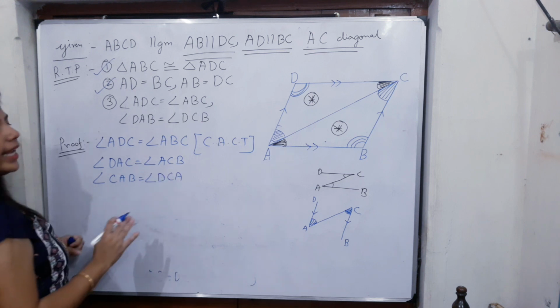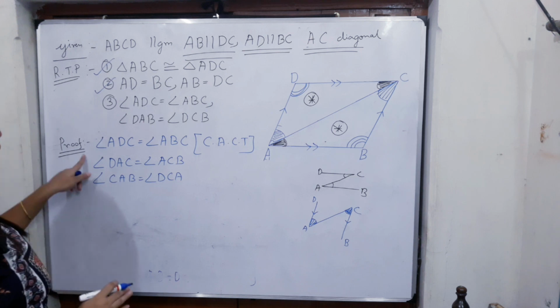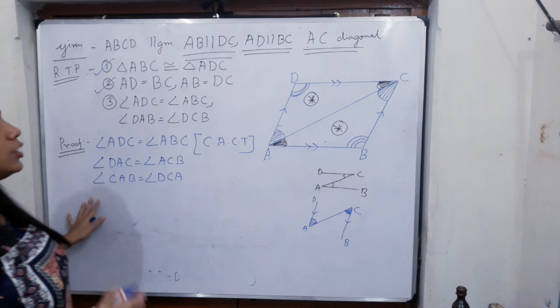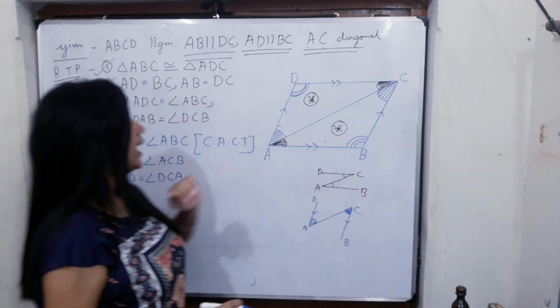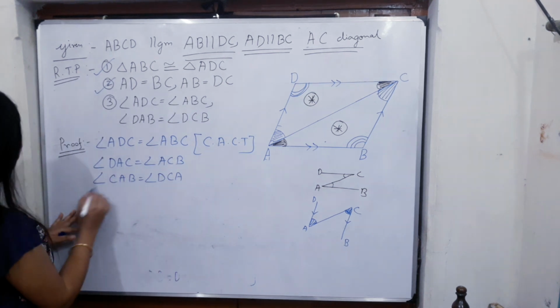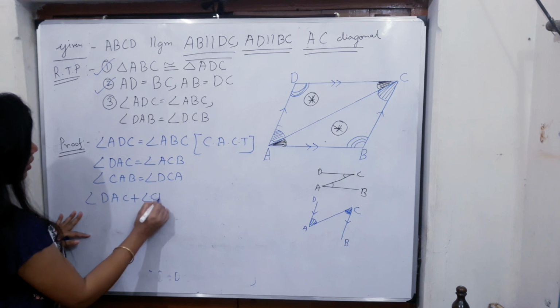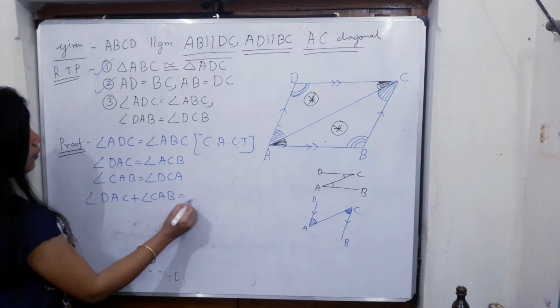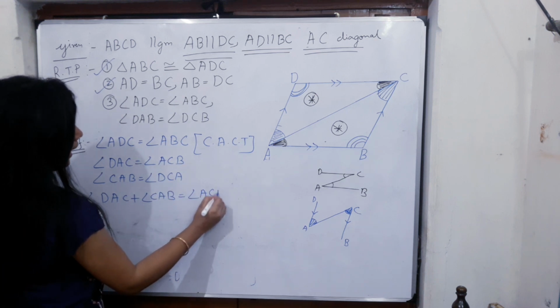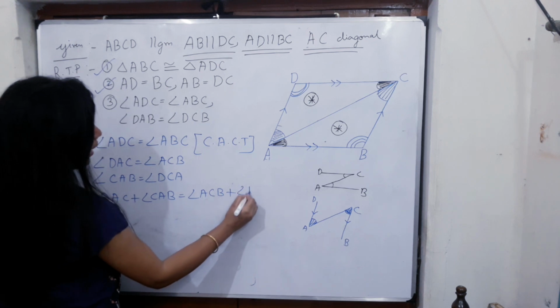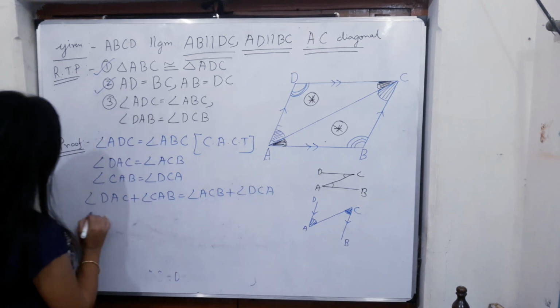These two I have already done. Now I will just add both of them. Why? To get angle A properly, I have to add both of them. So I will write angle DAC plus angle CAB equals angle ACB plus angle DCA.